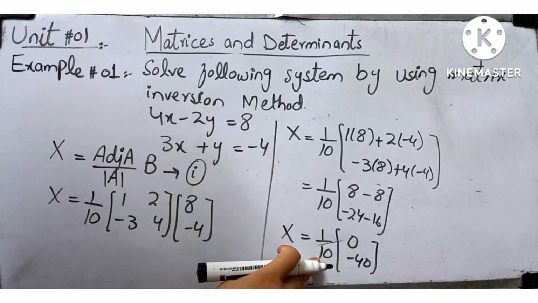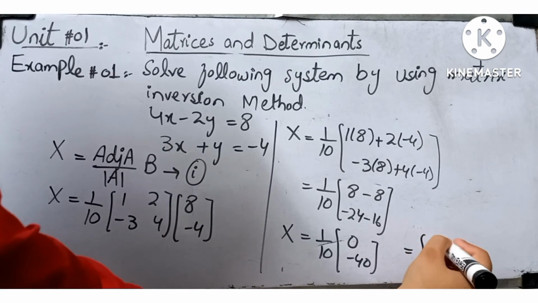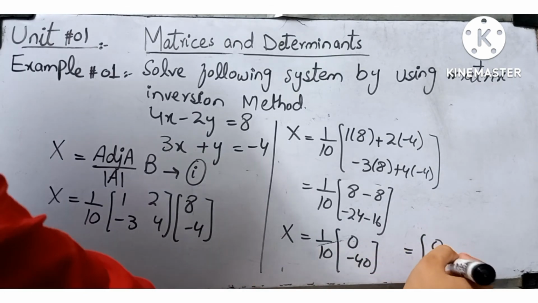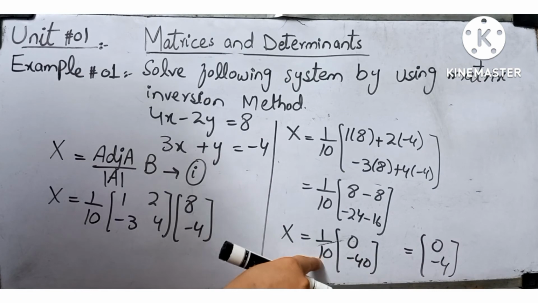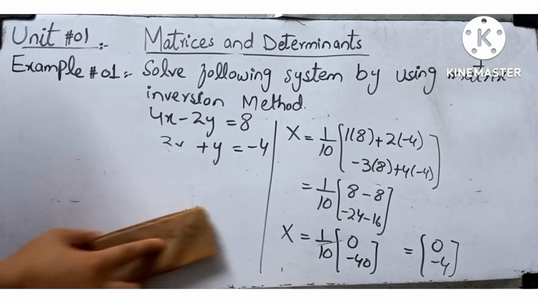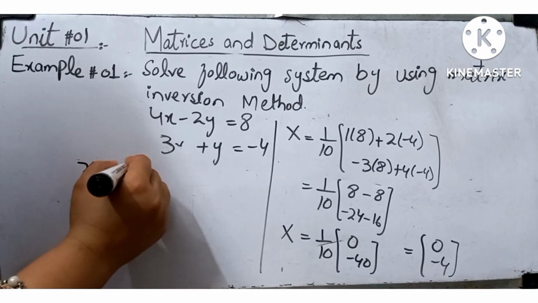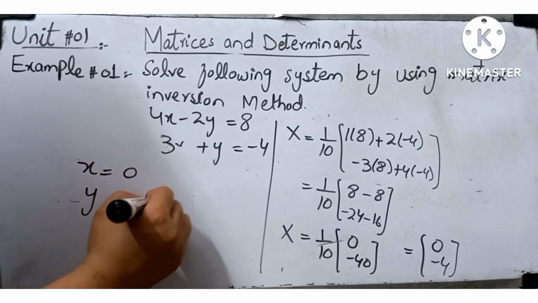Now when we divide by 10, the first value is 0 and the last value is minus 40 divided by 10, answer is minus 4. So x is equal to 0, and y is equal to minus 4.